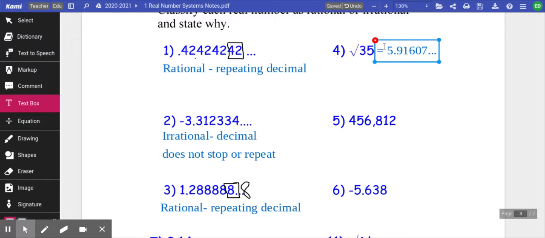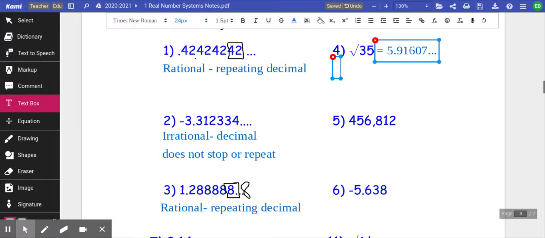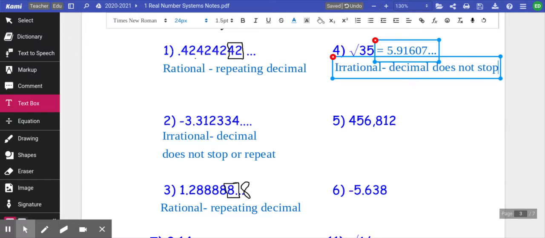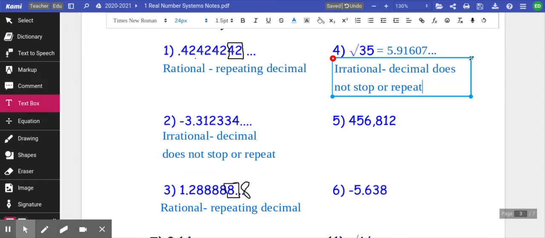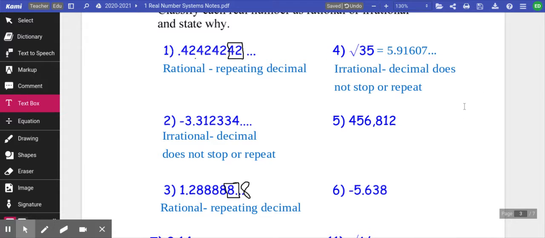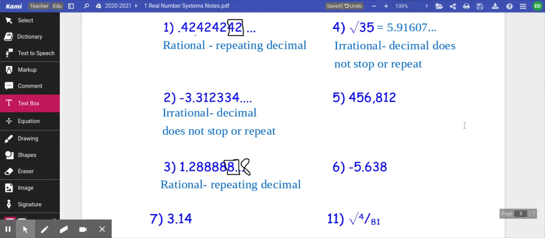So again, by definition, a decimal that goes on forever and does not repeat would be irrational. Does not stop or repeat. You're going to notice that your definitions or your reasons do get repetitive, and it will help you remember what each number would be.